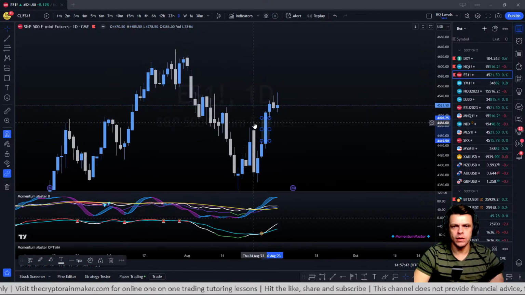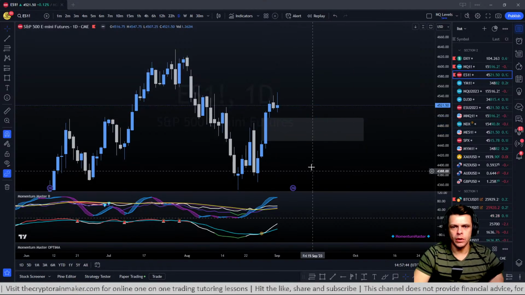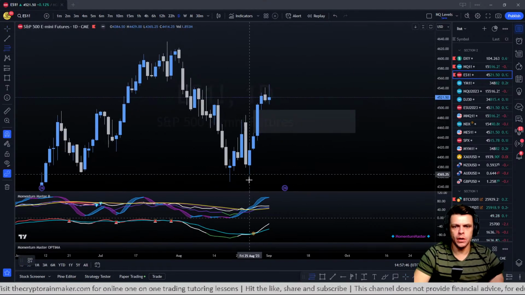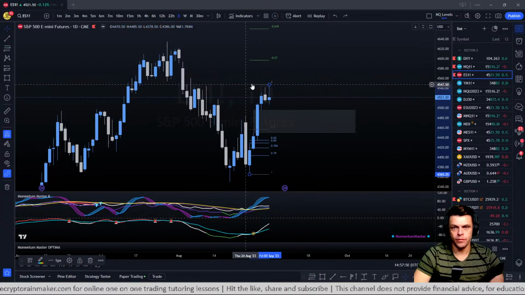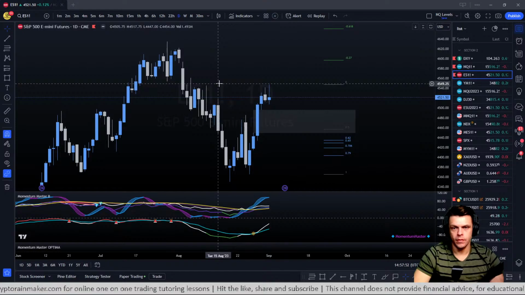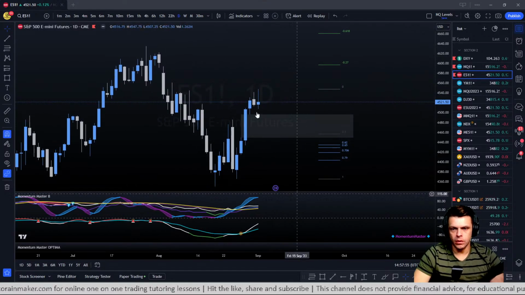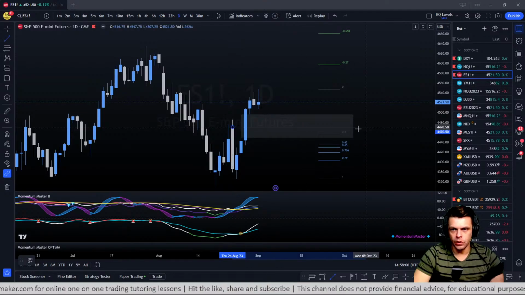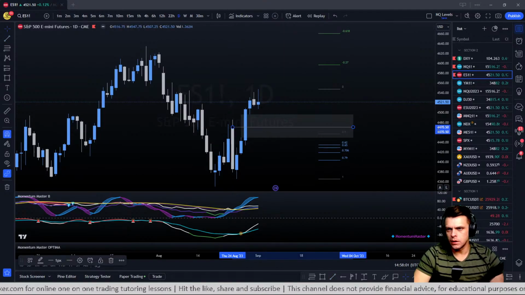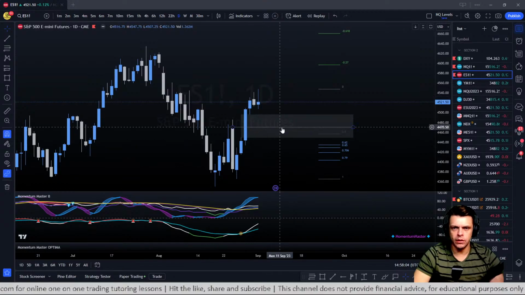After taking out this high and this high, we could kind of expect for price action to come back in the discount range, with our bullish order block on the daily being right on this candle at 4,470.